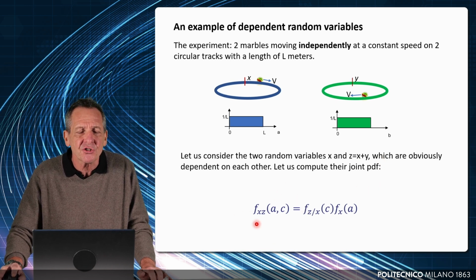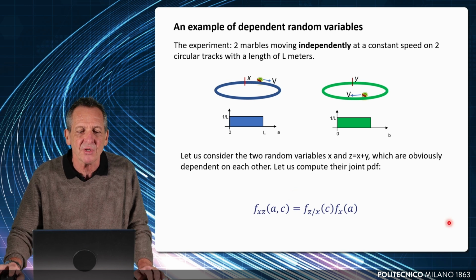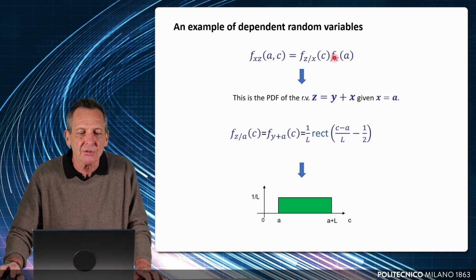So we analyze and we compute the joint probability density function between x and z by using the conditional probability of z given x times the probability of x. Here I used the variable c for the variable z, in order to have no confusion with the b I've used before for the variable y. Let's see how we compute this conditional probability.